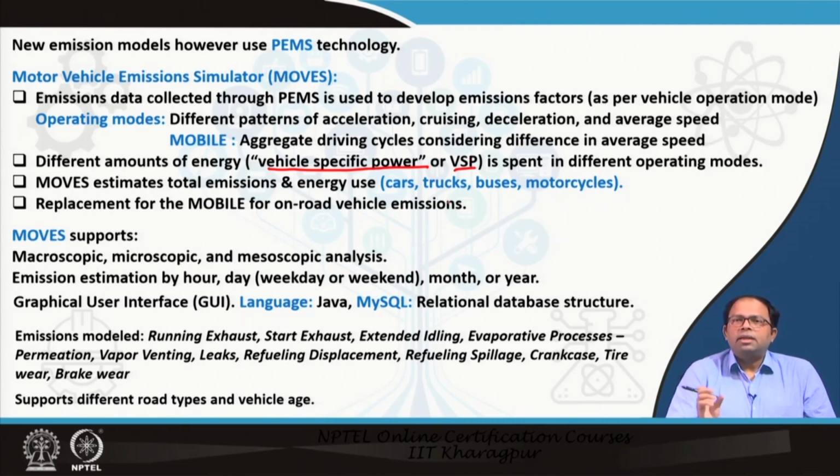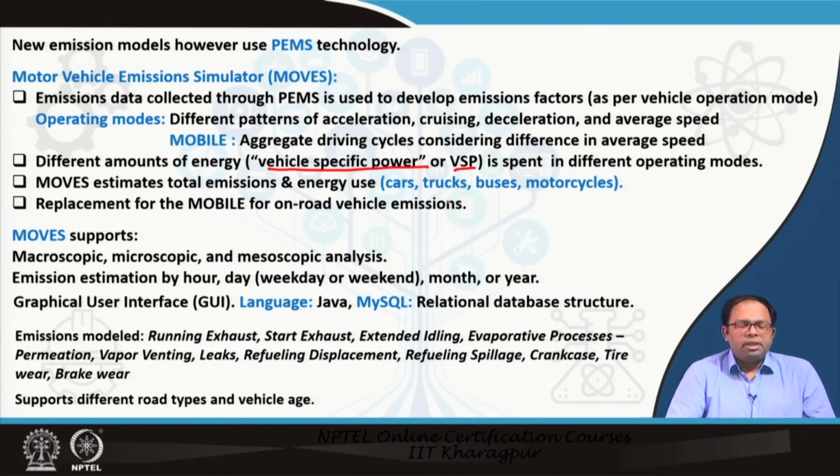We calculate the VSP as an equation which contains many of these factors of acceleration, deceleration and all these things, and from that we get a composite figure which is used as a representation of that particular driving or operating mode. So, MOVES estimates total emission and energy use for different kinds of vehicles: cars, trucks, buses, motorcycles and so on.